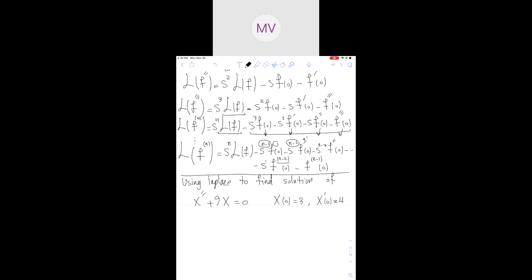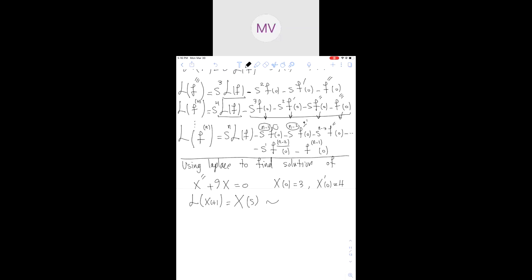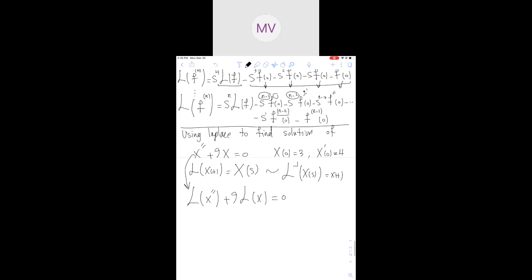So remember, we are assuming Laplace of x of t is X of s. Okay, meaning Laplace inverse of X of s is simply x of t. That's the connection between the two. Okay, so let's go ahead and take Laplace of both sides of this guy. So we already know it's going to be Laplace of x double prime plus 9 times Laplace of x equals 0.